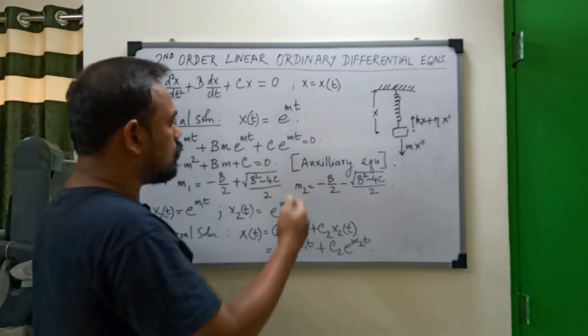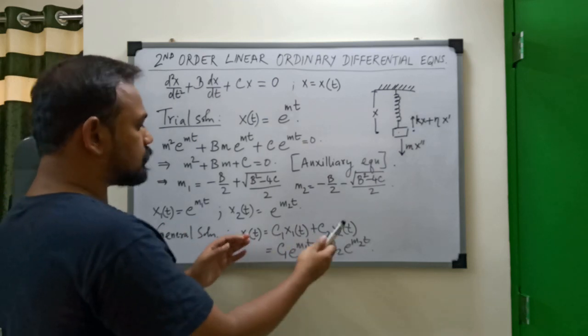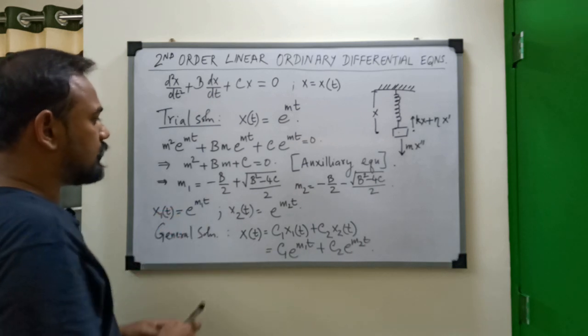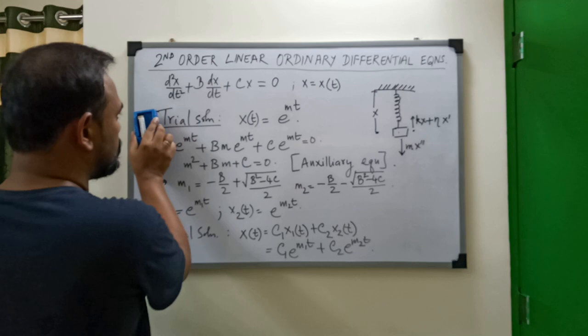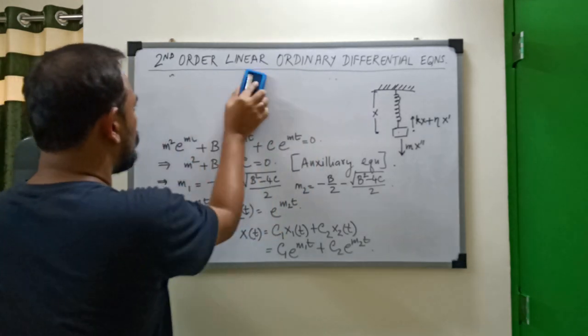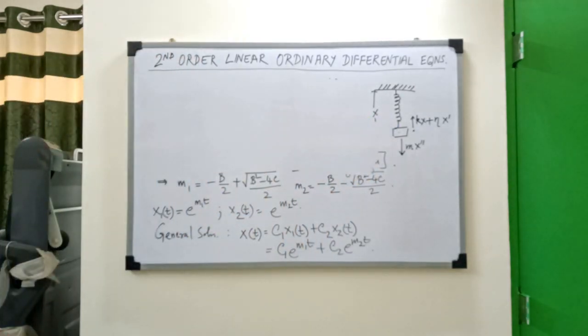So depending on which case you're dealing with, the general solution will pan out accordingly, and we will actually get various cases. So I'll just write down the various three cases here and we will discuss them in the next videos.